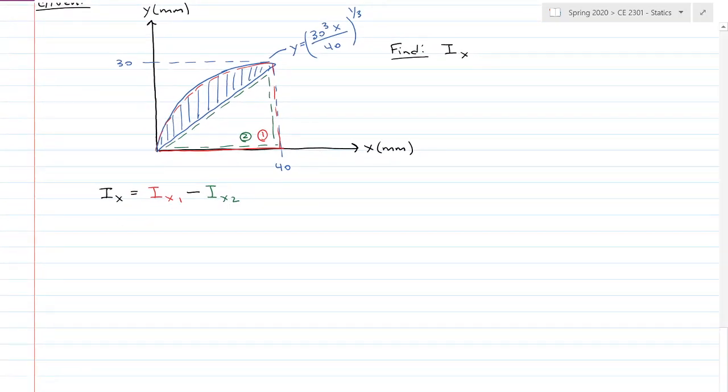Okay? So Ix is equal to the integral over x, integral over y, of y squared dy dx. Okay, and in this case it's going to be the summation of the two where one of them is negative.